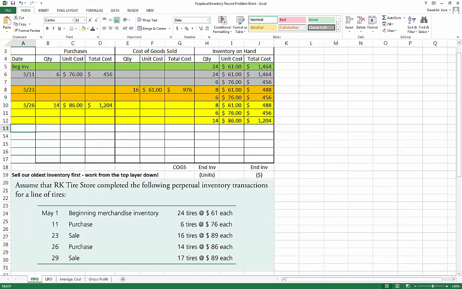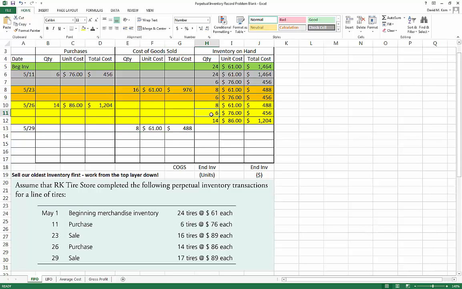Okay, so now we're down to the last day of the month, which is the 29th. We make a sale of 17 tires. Again, hopefully you know that the $89 is not relevant here. So again, we're going to sell our oldest inventory first. We need to work from the top down. So we need to sell 17. We don't have 17 in the first layer, so we've got to start off with what we do have. So the whole layer, 8 at 61, will be gone, 488.